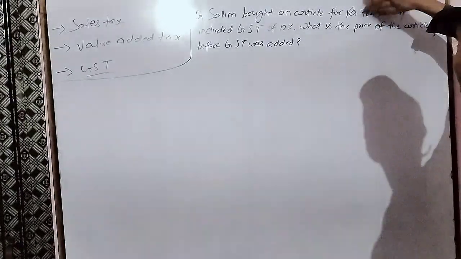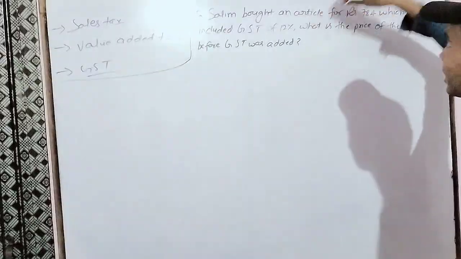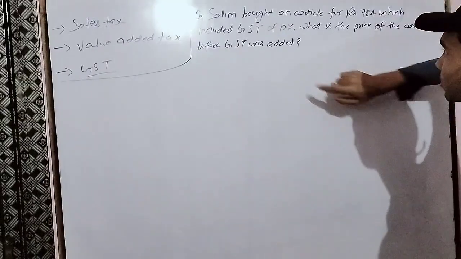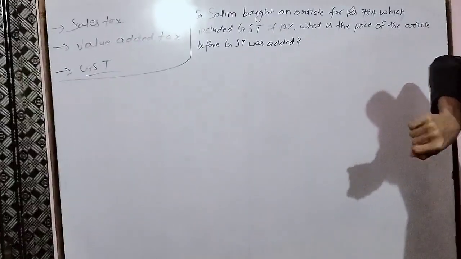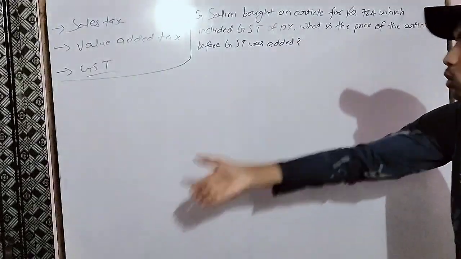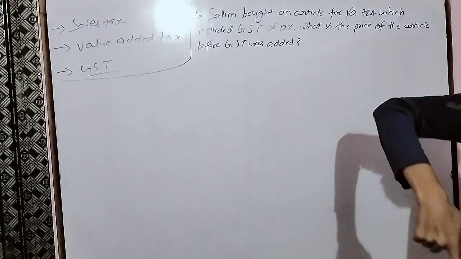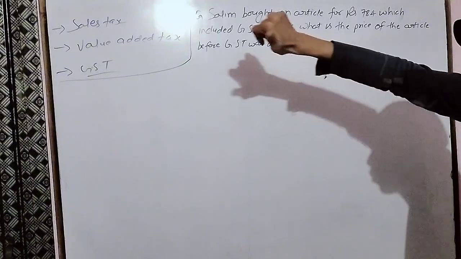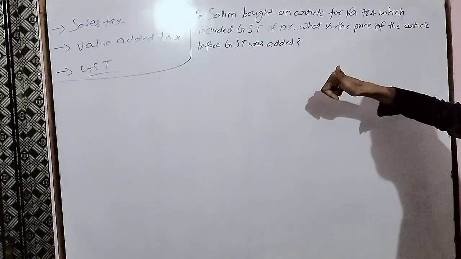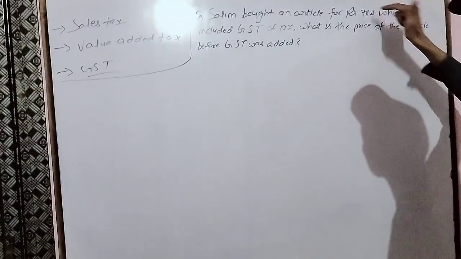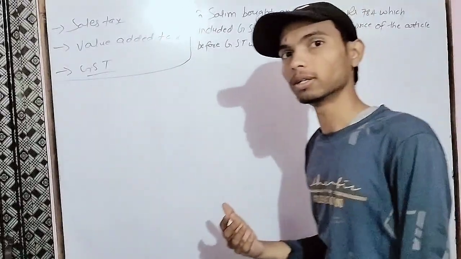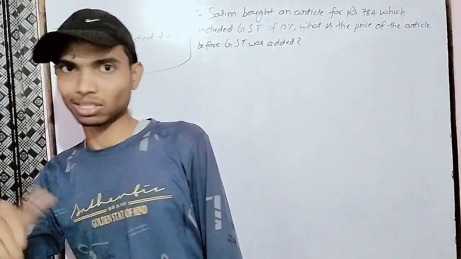Now this is what sale taxes, because this is the sale taxes. When we read this line, it is saying that the GST is already included in the price of 784. How much GST? 12%. It will be what sale taxes because taxes are already included.